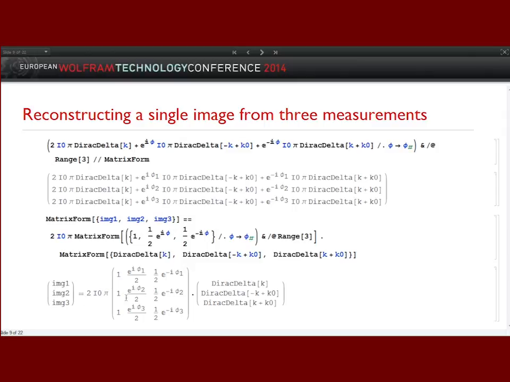I, of course, always have the same image, but then I have this matrix here. And this matrix is now multiplied with these 3 currently unknown functions, so the currently unknown images. So I have the image, which I said before is exactly in the position where I usually record it if I don't have a pattern, and then I have 2 extra components whose location in frequency space is now determined by the frequency of the pattern with which I modulate the image.